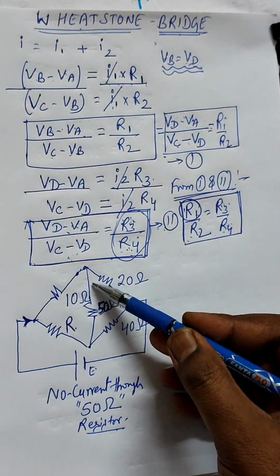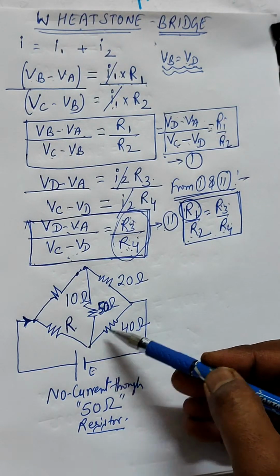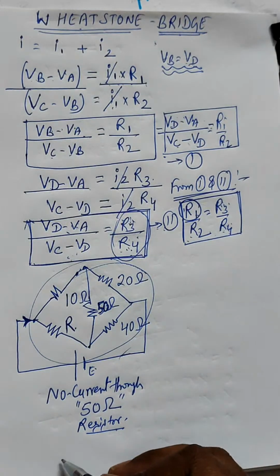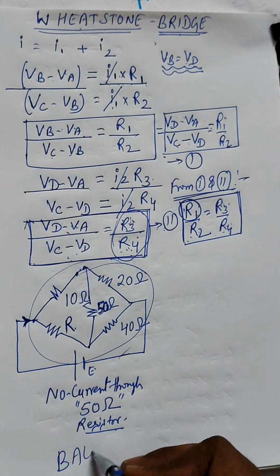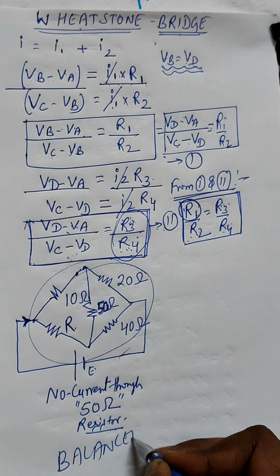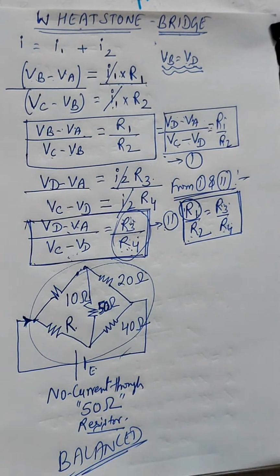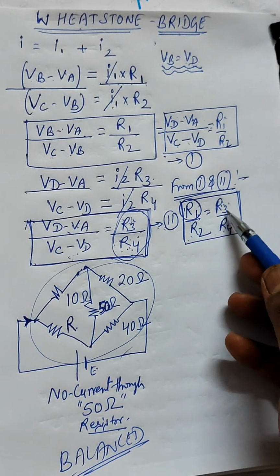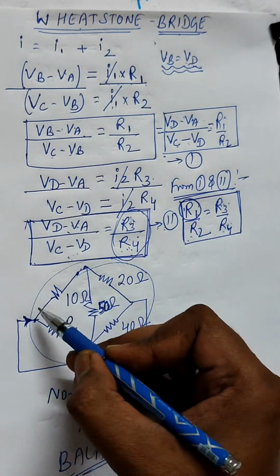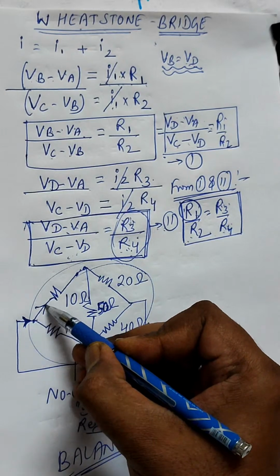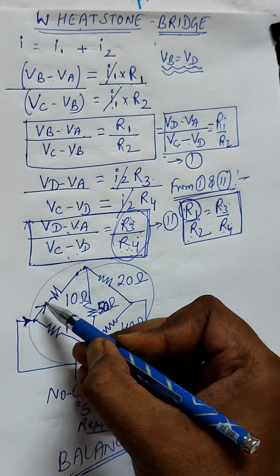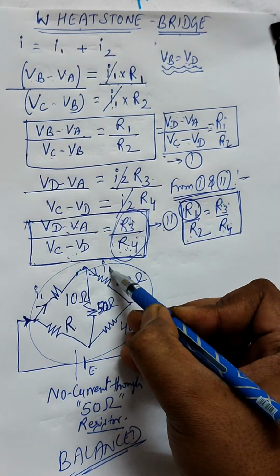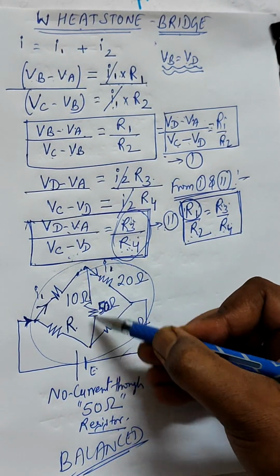That means if no current is flowing through this 50 ohm resistance, this bridge is balanced, and it will act as a Wheatstone bridge, right? In this case, we will use the relation R1 by R2 equal to R3 by R4. Why? Because the current flowing through this branch will be the same current flowing through the next, since the current through 50 ohm is 0.